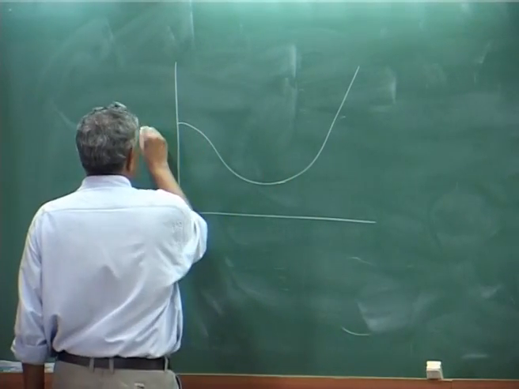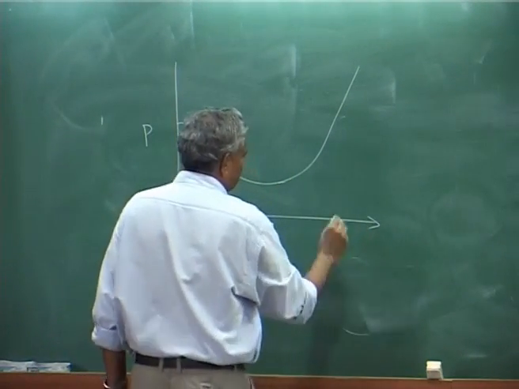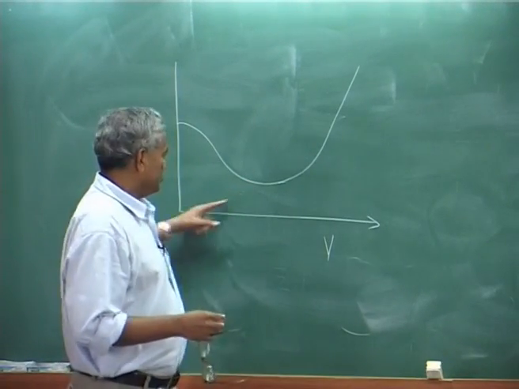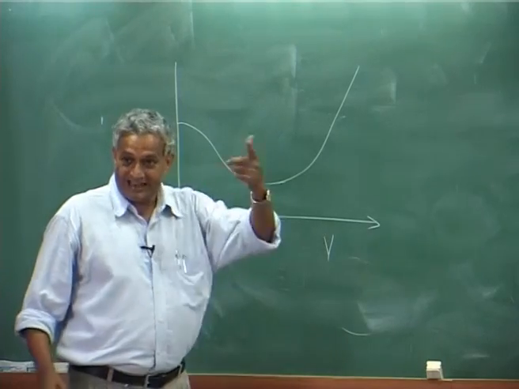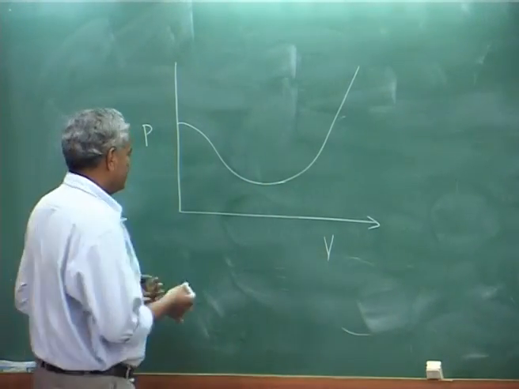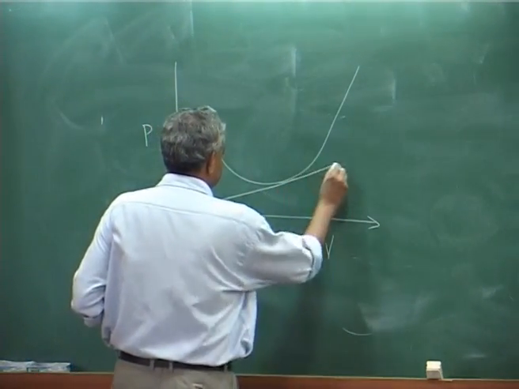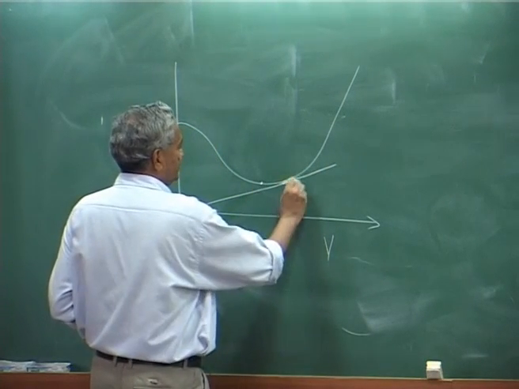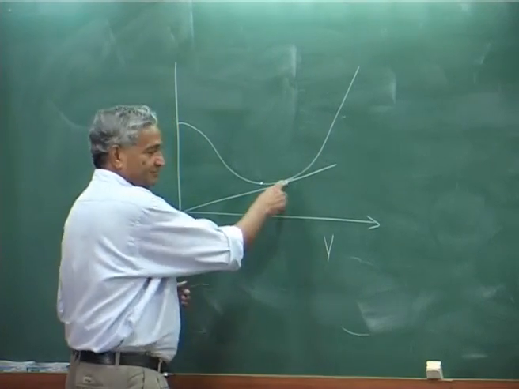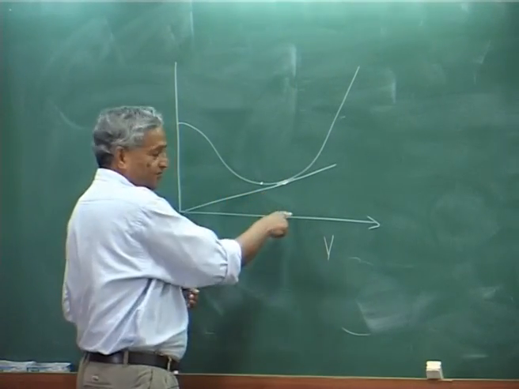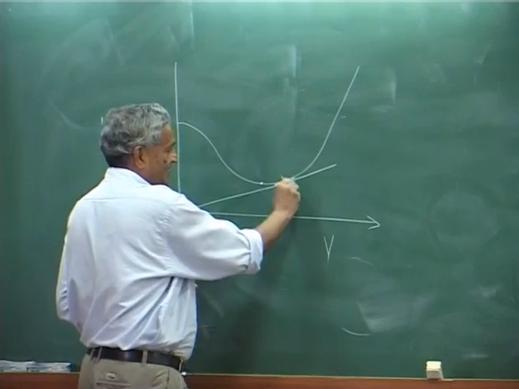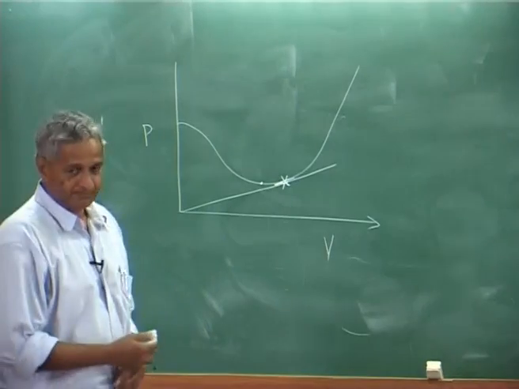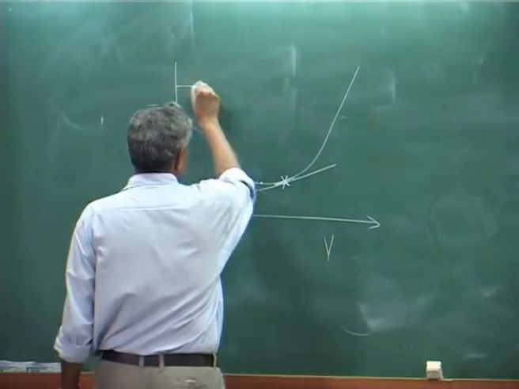This is power versus velocity. There is a minimum, and we drew for range, maximizing the range, you go. This is the velocity, this is the minimum, this is the slope P over V, wherever it meets, that velocity is for maximum range. Power available may be here.